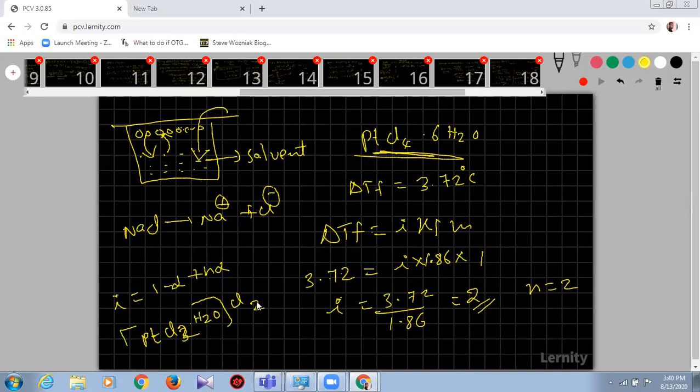That means what should I do? 1 Cl outside and 3 Cls inside. Then this will lose as one ion and this will lose as one ion. Then you get 2 ions, so the i value will get matched. That's why this option. Don't worry about water molecules because water won't get dissociated, because this is a hydrated complex.